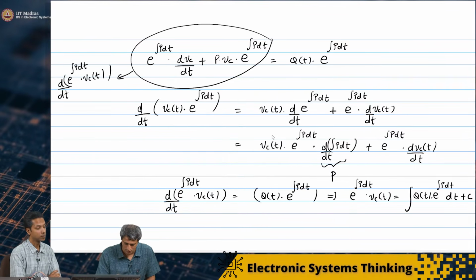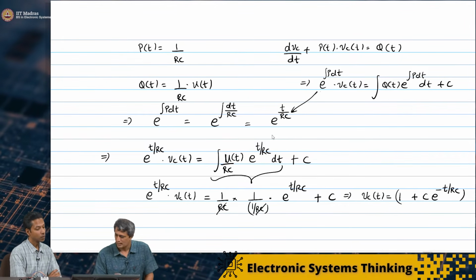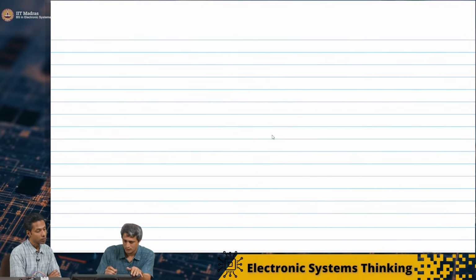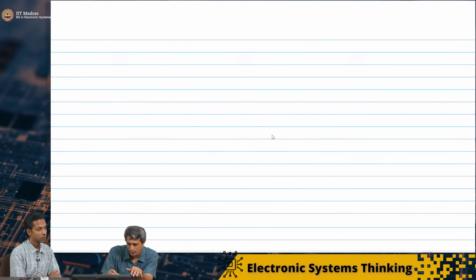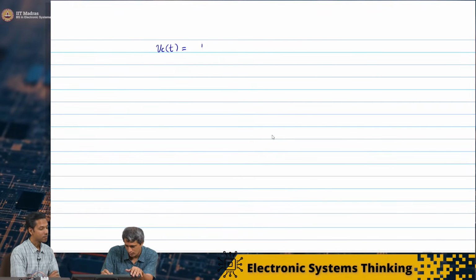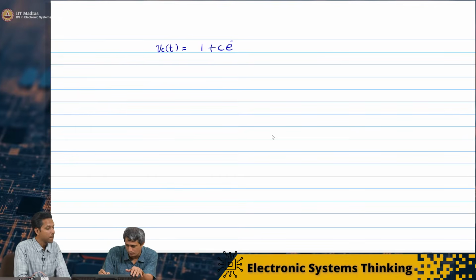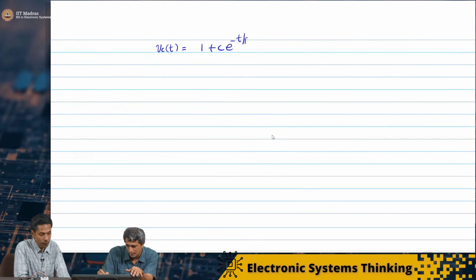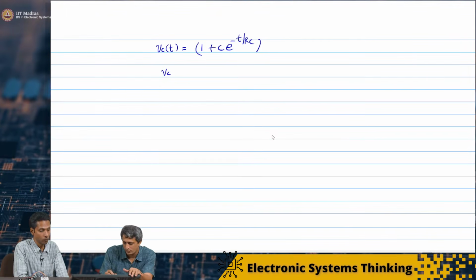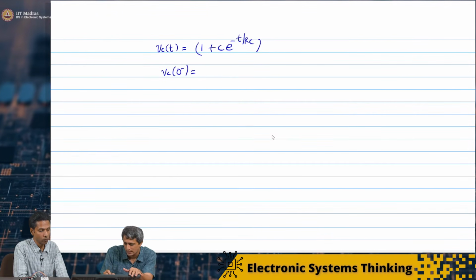So simply substitute: 1 plus C e power minus t by RC, and Vc of 0 minus equal to 0.